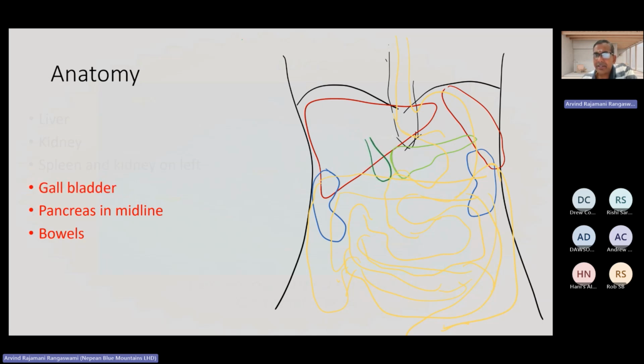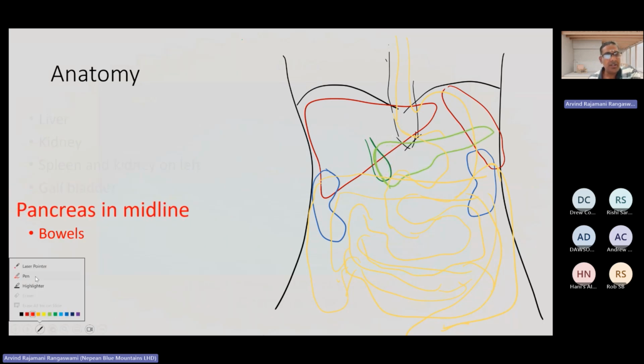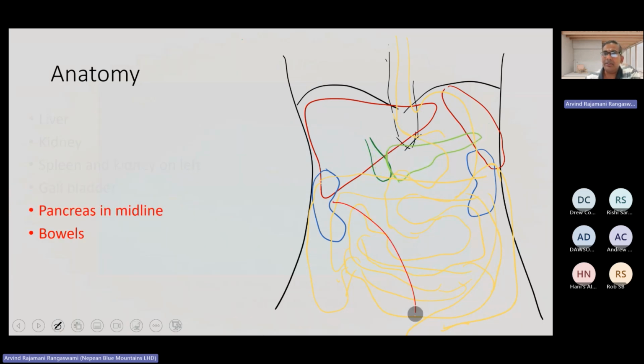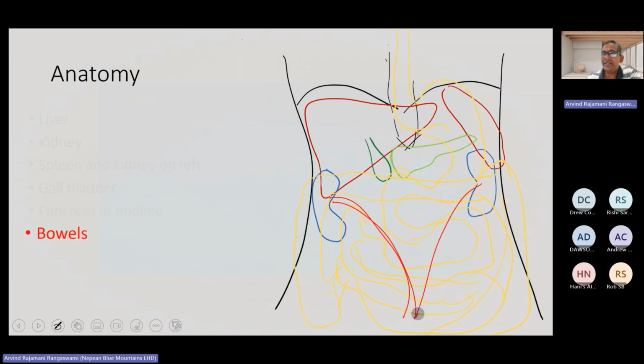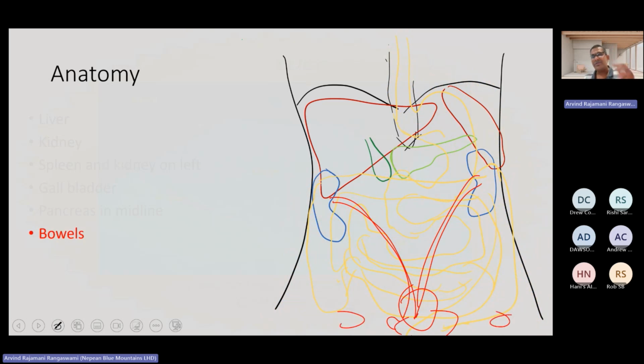I haven't drawn the other things here, namely the ureters coming from the kidneys. I haven't drawn the urinary bladder. I haven't drawn the uterus or the ovaries in women. All of us know these things very well.